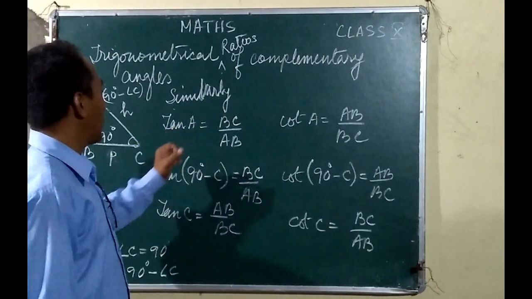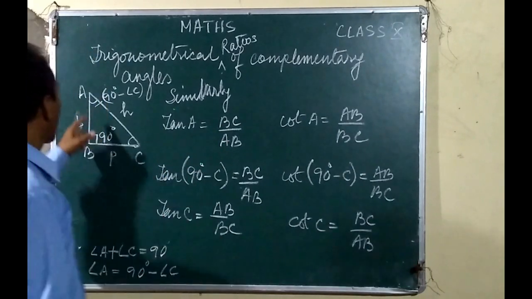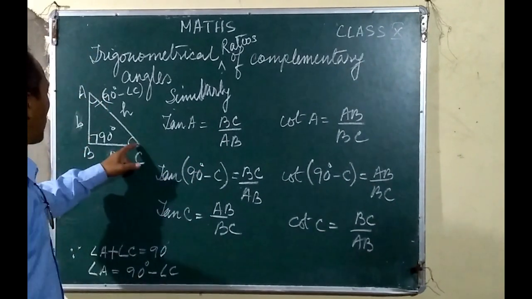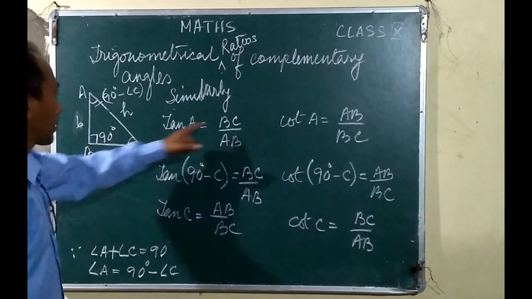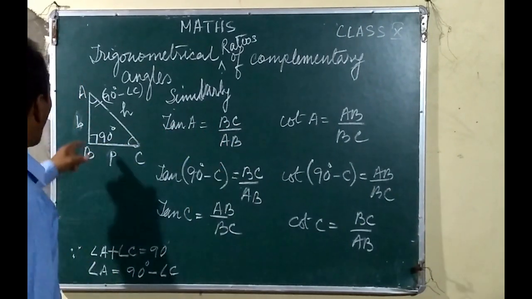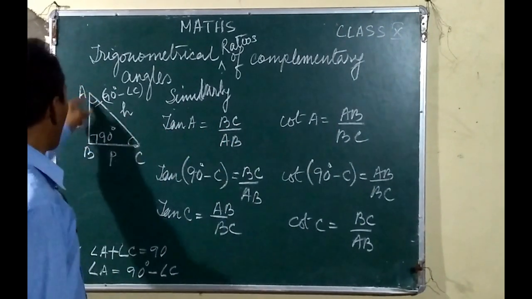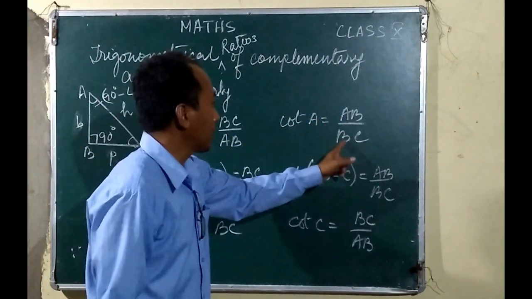Similarly, tan A equals BC by AB, where BC is perpendicular and AB is base. Cot A is base by perpendicular, AB by BC.